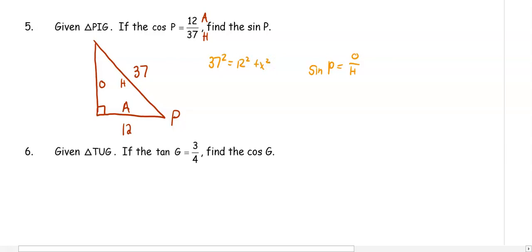So 37 squared is 1,369 equals 144 plus x squared. So you get 1,225 equals x squared. We take the square root, x is 35. So our opposite side is now 35. So the sine of P is equal to the opposite side 35 over the hypotenuse 37.